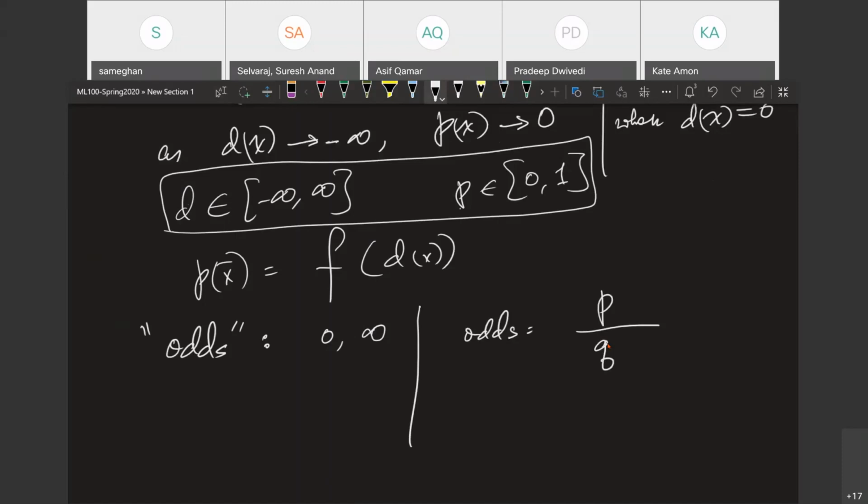P over Q, where Q is 1 minus P, the probability of not happening. For example, in the case of a horse, P is the probability that the horse will win, and Q is the probability that the horse will lose. So that is called the odds. And because Q is 1 minus P, odds are P over 1 minus P.